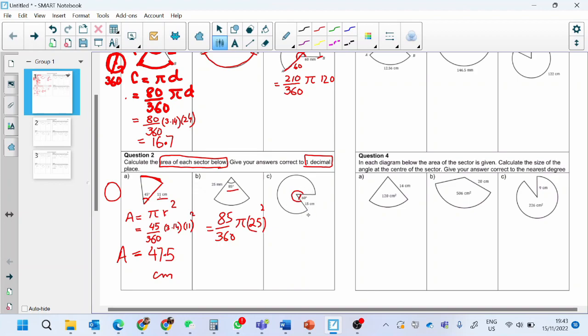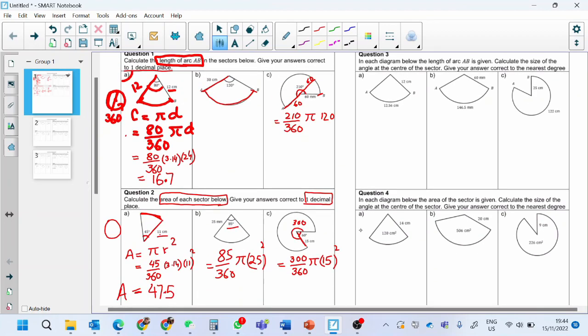The whole angle in a circle is 360, so the inner angle will be 300. The radius here is 15. So the area is 300 out of 360 times pi times 15 centimeters squared. This is how we can solve this question.